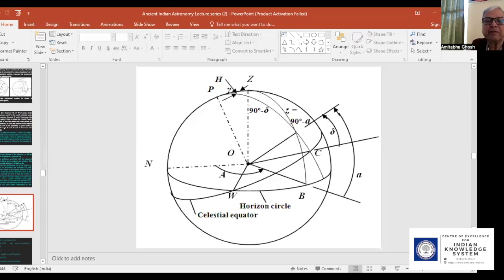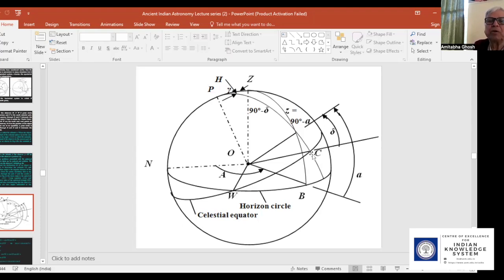You can see this is the horizon circle, and this is the celestial equator. There is a reference point from where we measure the angular distance, and we call it right ascension, in place of longitude, as in the case of Earth.